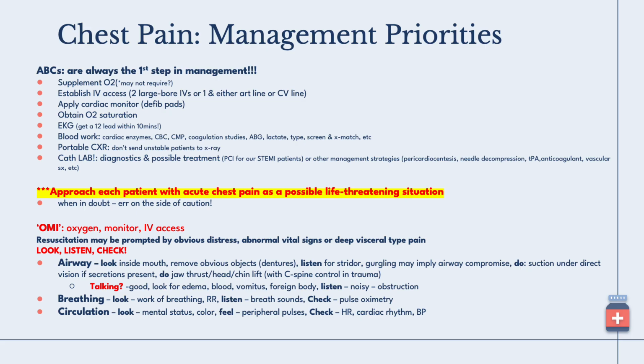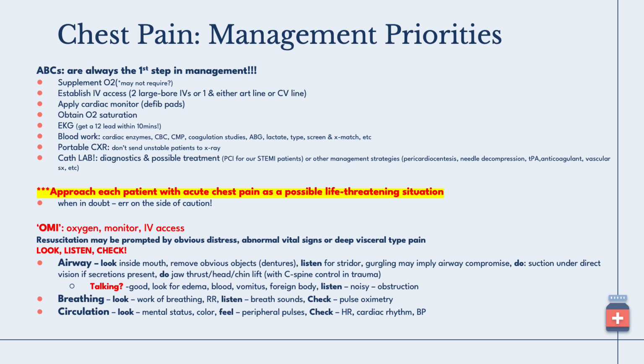Think about blood work, so your cardiac enzymes, getting a CBC, comprehensive metabolic panel, our coag studies. Patients with significant chest pain, cardiac arrest will often have coagulopathies that we may need to manage. ABG, lactate. Patients might need blood products, so your type and screen and cross match. A portable chest x-ray.